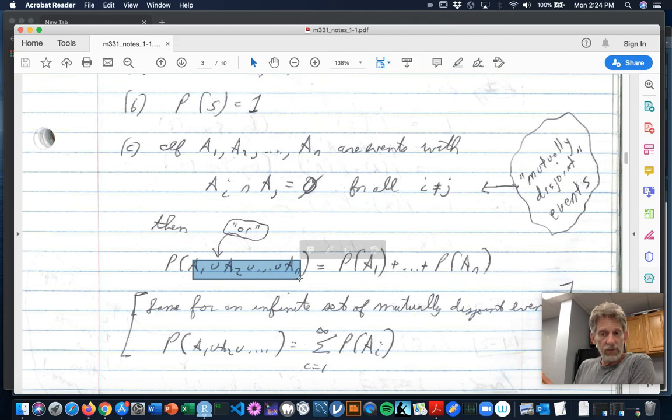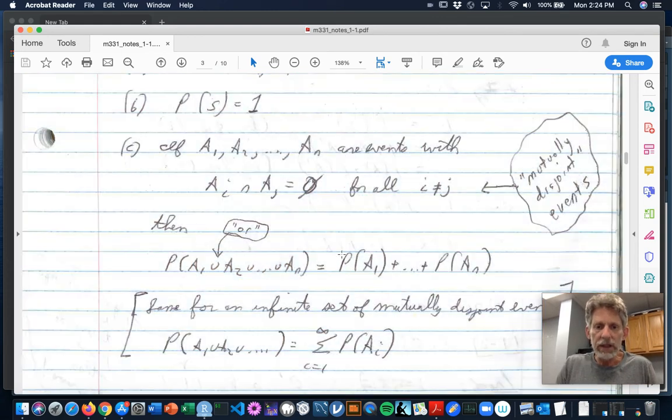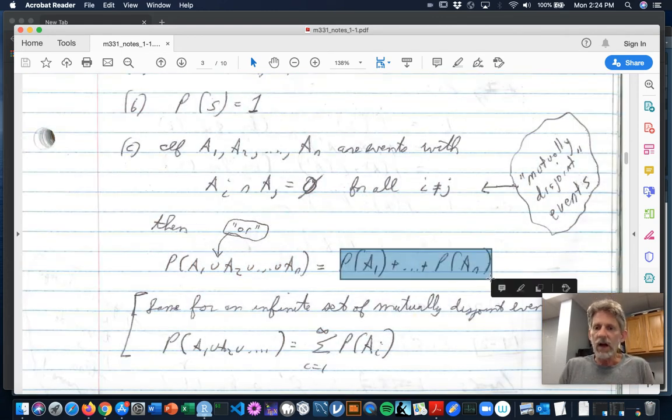That's another subset of the sample space, so it's another event. So it's got to have a probability, right? That probability has to be the sum of the probabilities of the events themselves.